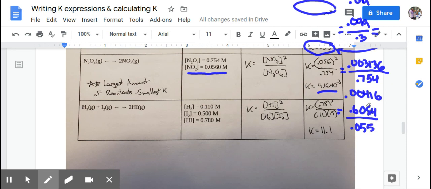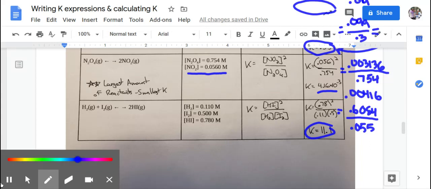So you notice the numerator is larger than the denominator. Divide those through, and we get 11.1. So that's what we need to do to find K.